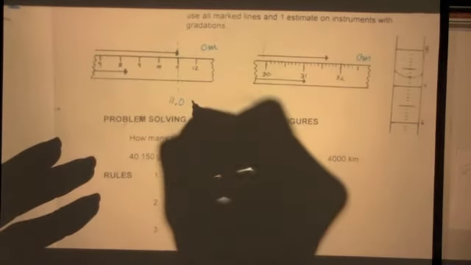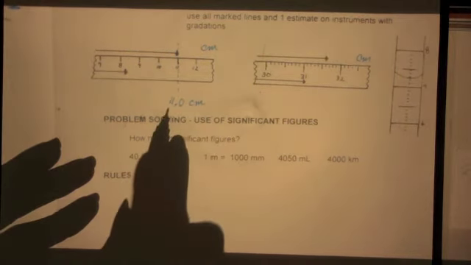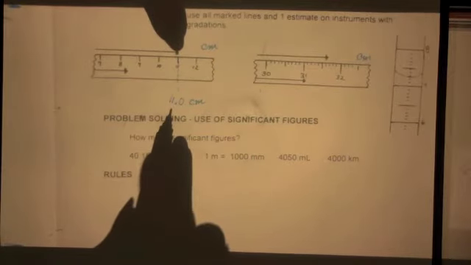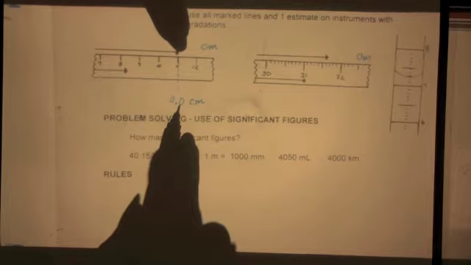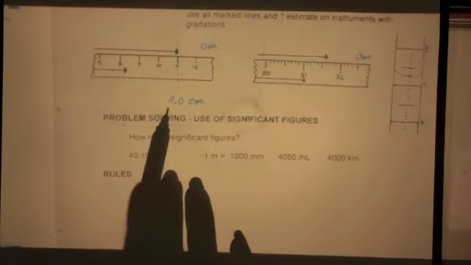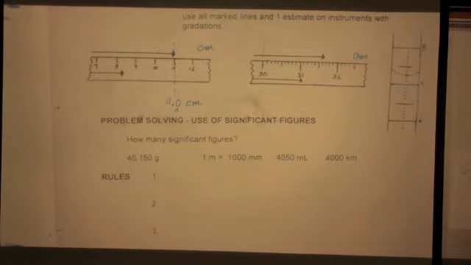Again, our units are centimeters, so there's my unit there. I know the 11 are certain values. That is marked on my ruler. Now the estimated value is the 0 there. So the numbers you know for sure plus 1 extra value there.